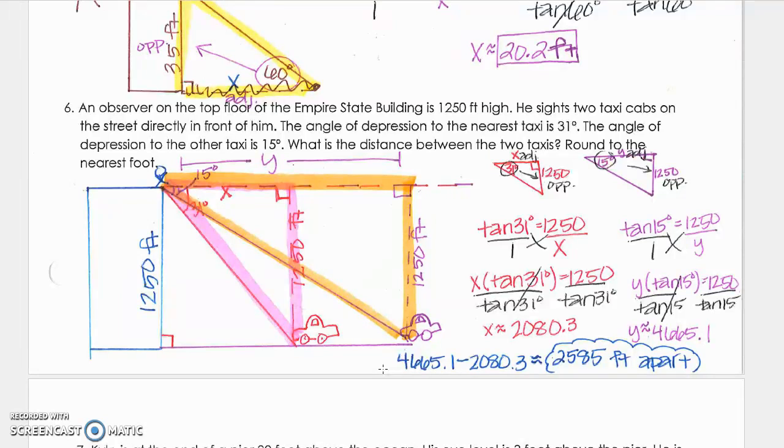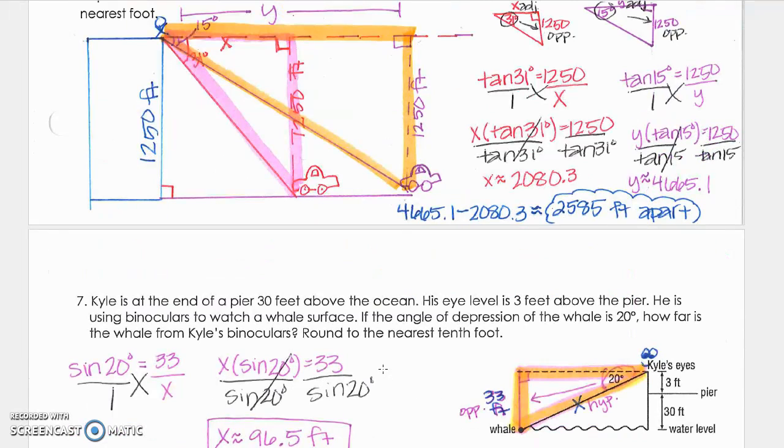And in order to figure out how far away the taxis are from one another, you need to figure out how far away the first taxi is from the observer, and then how far away the second taxi is from the observer, and then subtract those 2 values to figure out how far the taxis are away from each other. So, like I said, you should use tangent twice and rounding to the nearest foot. The difference is 2,585 feet apart. And we can work on some more of that when I get back.